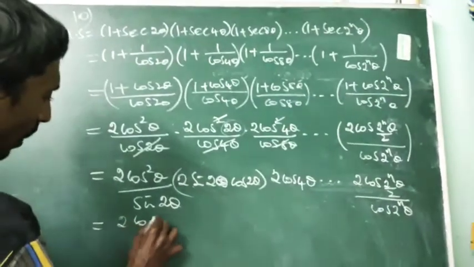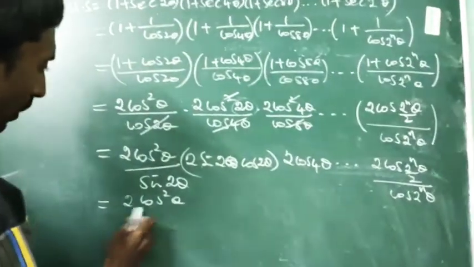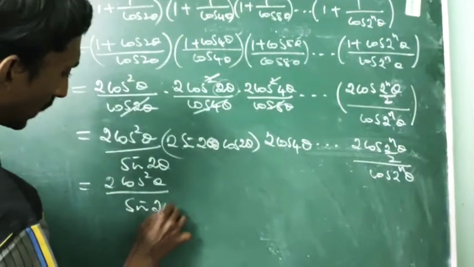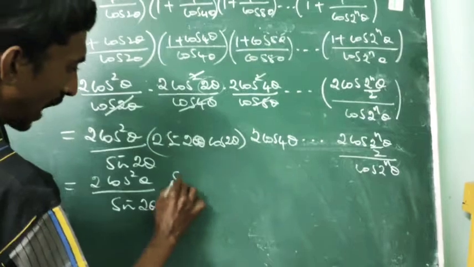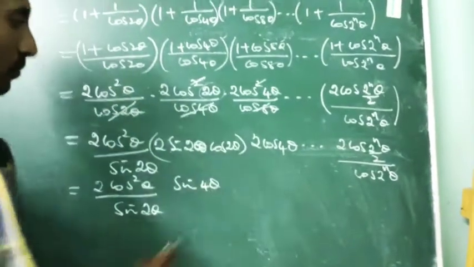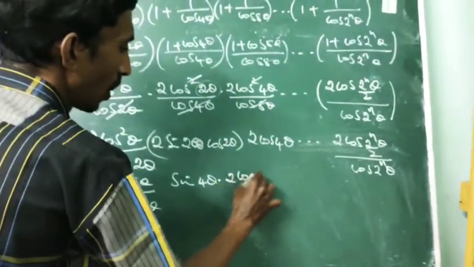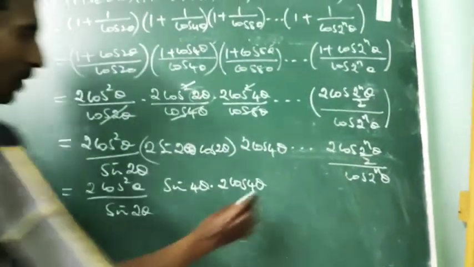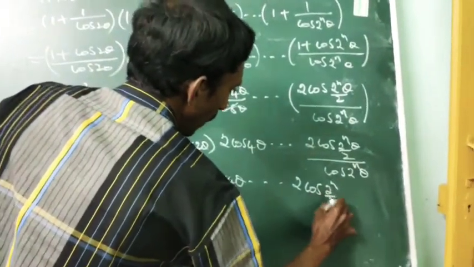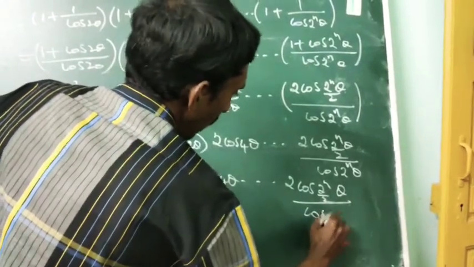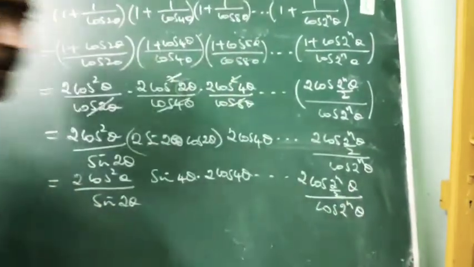So 2 cos square theta by sin 2 theta. It becomes sin 4 theta into 2 cos power 4 theta, etc., 2 cos power 2n by 2 theta by cos 2 power n theta.